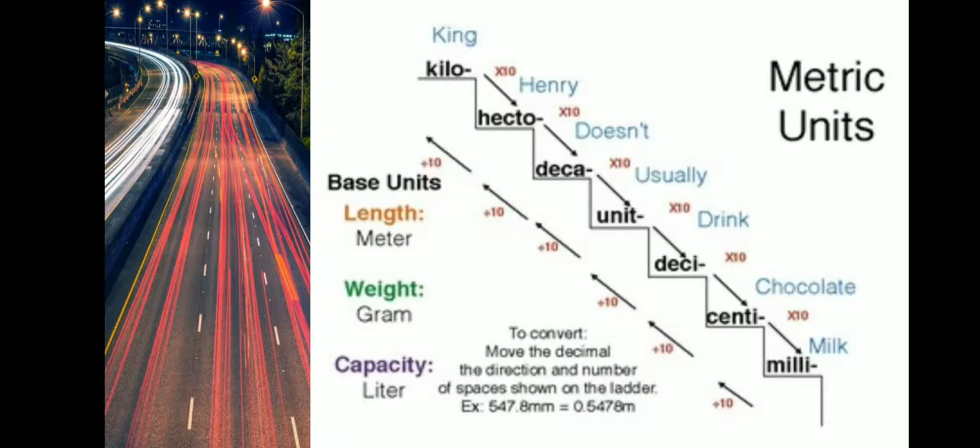This is the basic rule of metric table. And the basic way to learn this metric table is: King Henry doesn't usually drink chocolate milk. So if you remember this, you can remember the table easily.